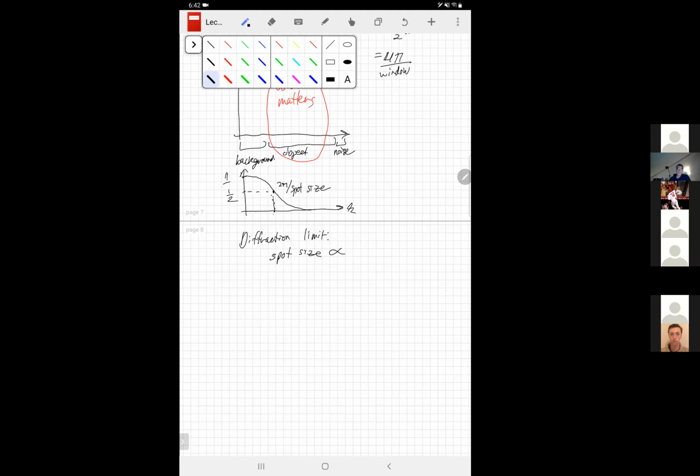It's proportional to the aperture width, the lens diameter, is proportional to the square of it. Is it inversely proportional to the square of it or the cube of it or what? Try to remember. The cube? In the diffraction limited regime? No.